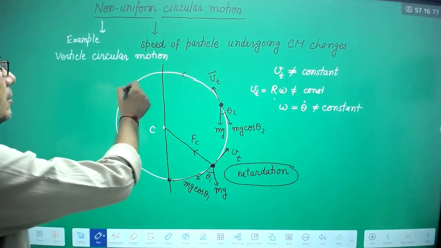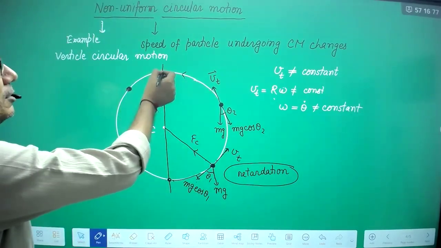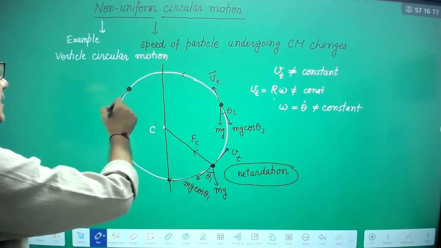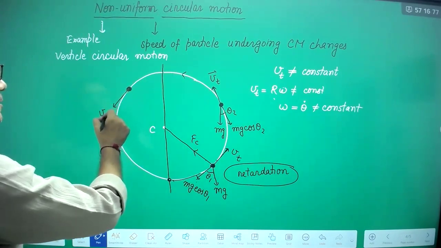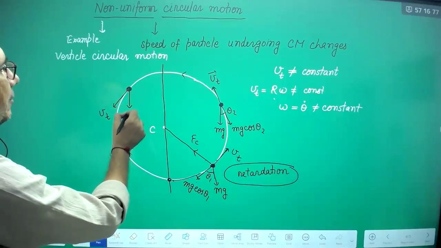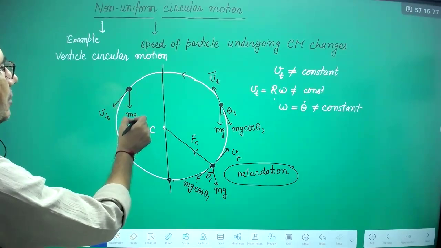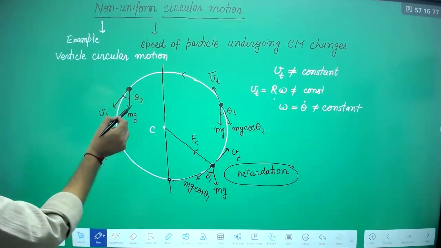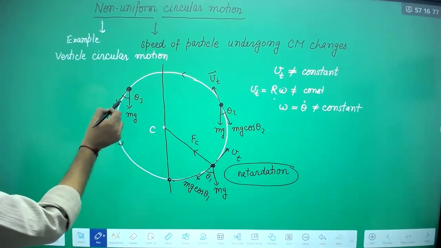But if you look at the particle after this point, its velocity will be here. This will be the tangential velocity Vt. Its weight will be here, mg. I call this angle θ3. And look here, this mg will have a component parallel to this.